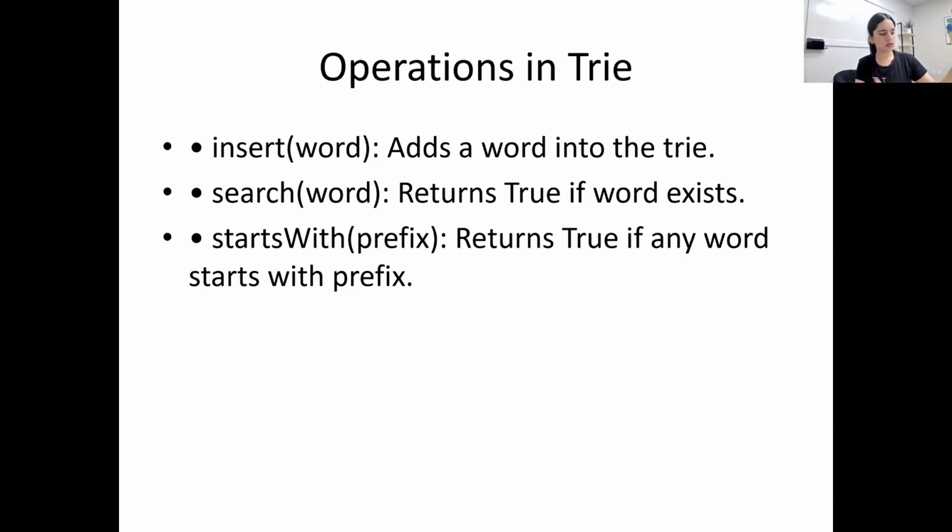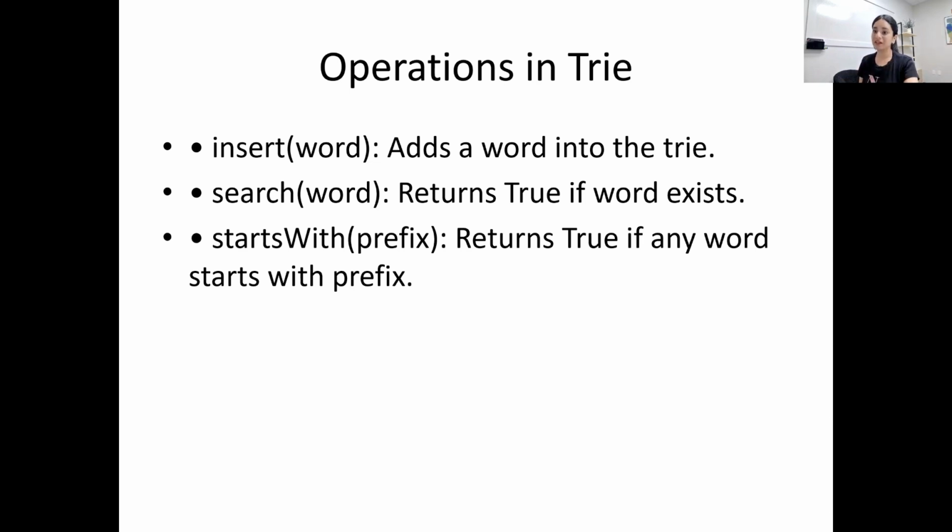And then obviously there is also this operation of startsWith, which is used to find out whether a particular prefix exists or not. Now, in this scenario, all we do is we go through every single letter and we see whether those letters exist in the trie or not. What we don't do is check the Boolean value that we have, because in this scenario, we don't care whether a word exists or not.